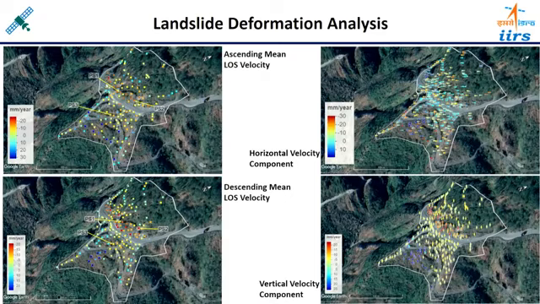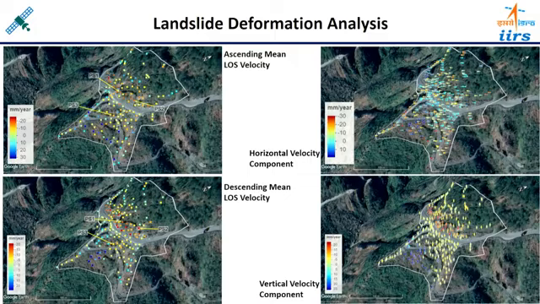PS1 is somewhere here, but the exact PS1 was not received, so the adjacent or closest point was picked from the descending pass just to identify PS1. The time series displacement was investigated, and that investigation was used for the prediction of this landslide event.